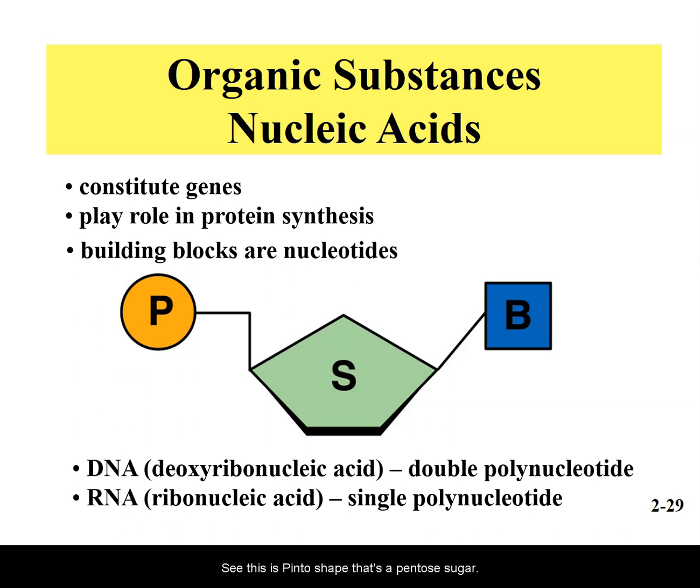That's a pentose sugar, a nitrogenous base, nitrogen-based base, and a phosphate group. So DNA has thymine and RNA has uracil. We'll talk more about this when we talk about protein synthesis in the next chapter.